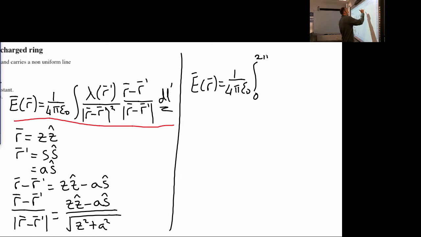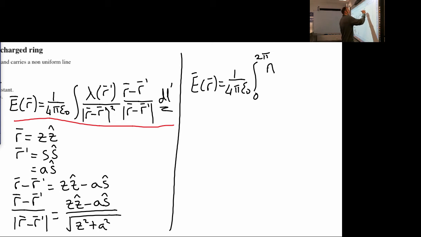Okay, so we have our electric field equal to 1 over 4 pi epsilon naught. Lambda prime is given by A sine phi, so we have the integral from 0 to 2 pi. We're integrating with respect to phi, our azimuthal angle.